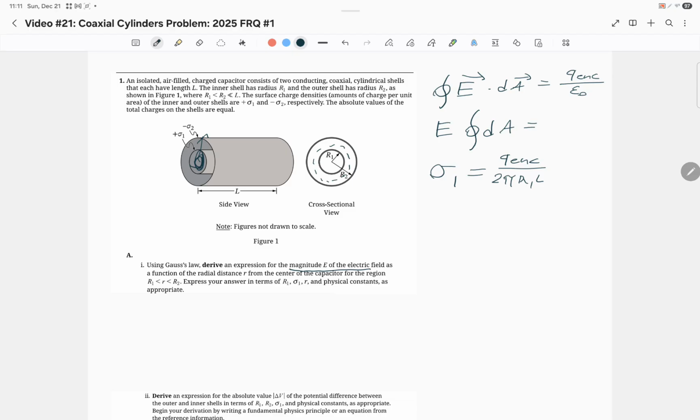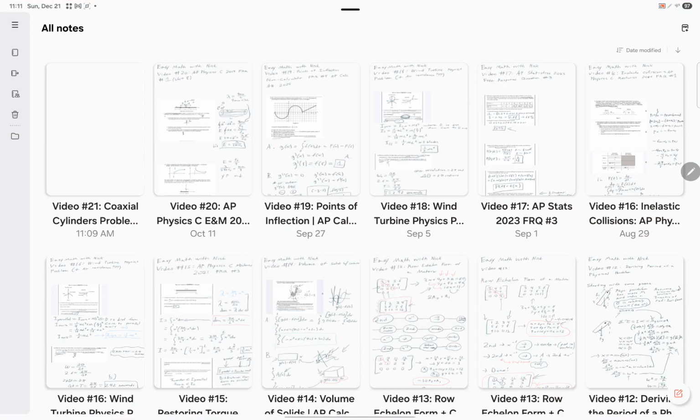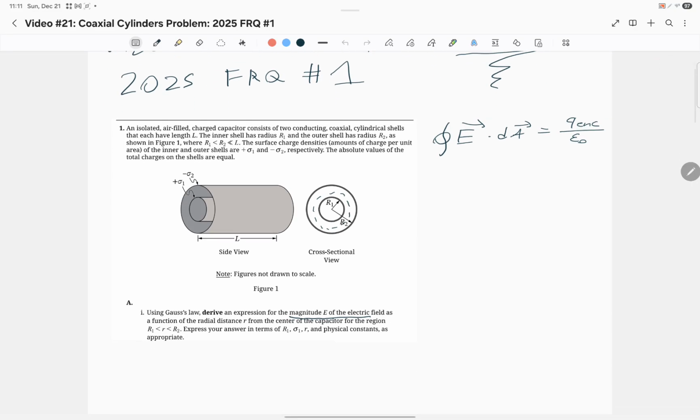That's what that tells you, and then we can solve for the enclosed charge. When we choose our Gaussian surface, the enclosed charge is the charge on the cylinder of radius R1. This is all our enclosed charge on this cylinder, so that's why we're able to use the surface charge density.